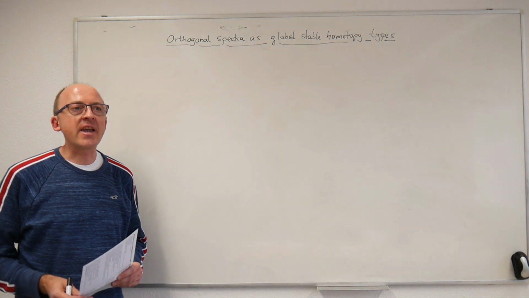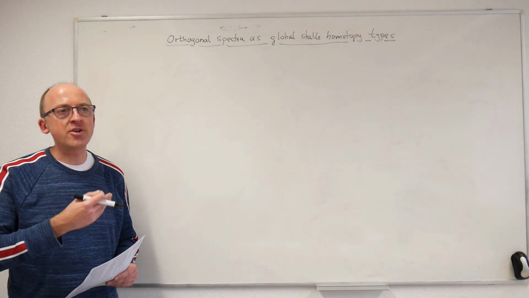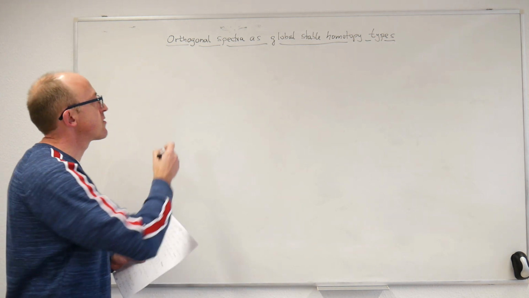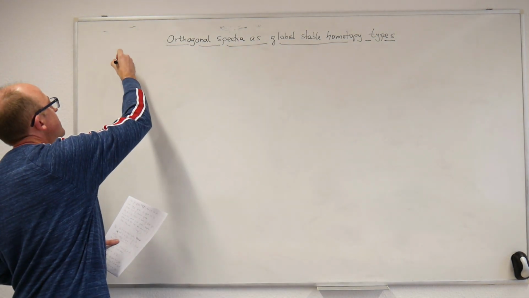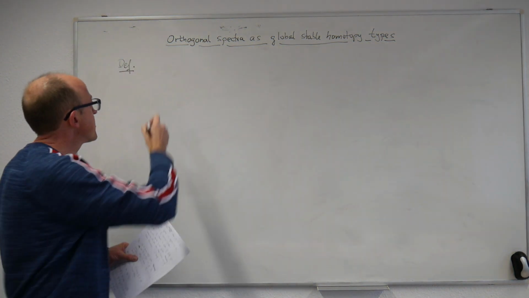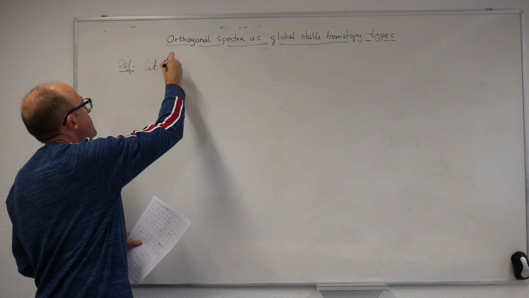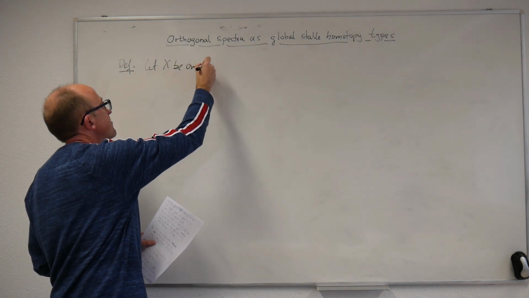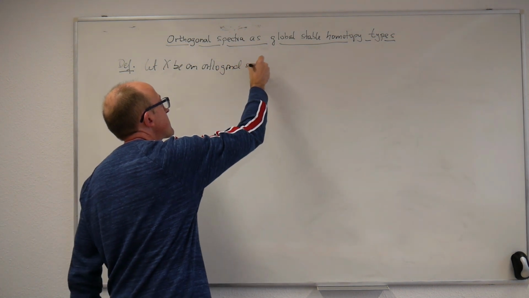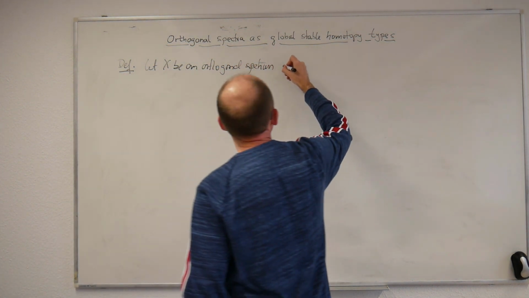Okay, the key thing is how we associate to an orthogonal spectrum an orthogonal G-spectrum, and we do this in the most trivial way. Nevertheless, while it is trivial, it is so important that I want to highlight it as a definition. So let X be an orthogonal spectrum and G a compact Lie group.